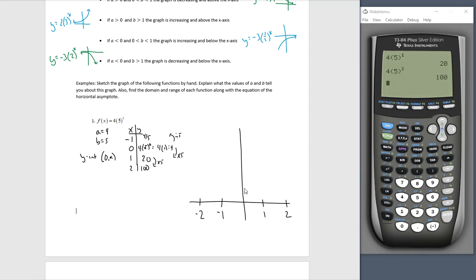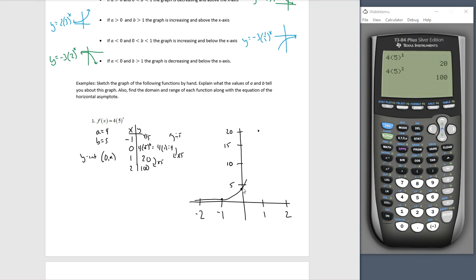I'm going to use a scale of 5 on my y's though. 5, 10, 15, 20. I know when x is 0, my y value is 4. When x is 1, my y value is 20. When x is 2, I'm off the charts over here at 100. At -1, I'm at 4/5. 4/5 is pretty low here. Close enough is good enough.